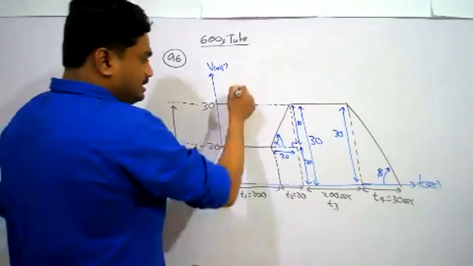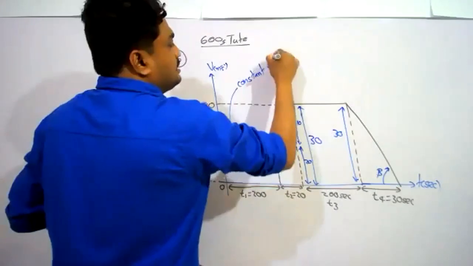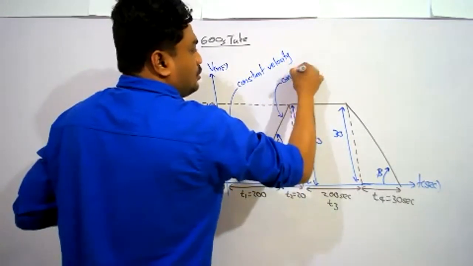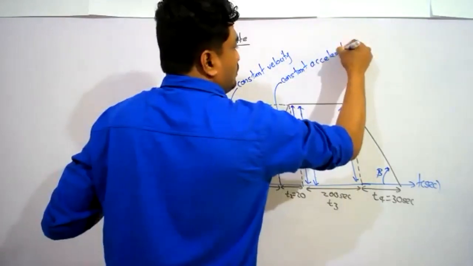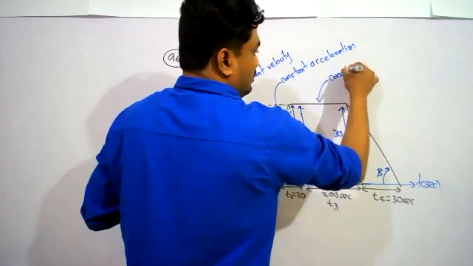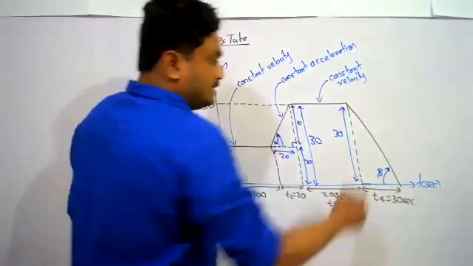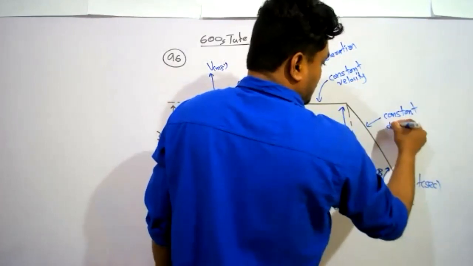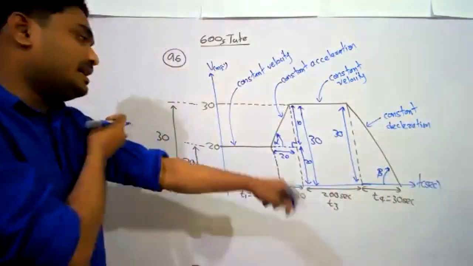So here we have, this is constant velocity, this is constant acceleration, this is again constant velocity, and this is constant deceleration, right? So you can use any letters to indicate the motion.